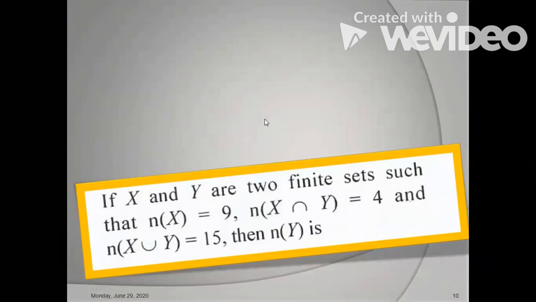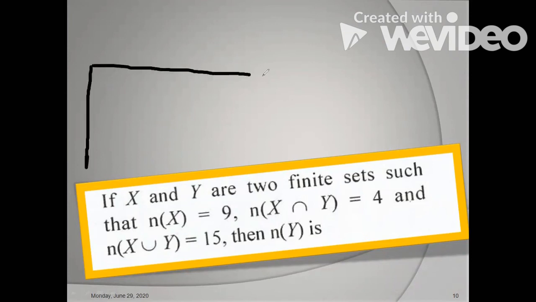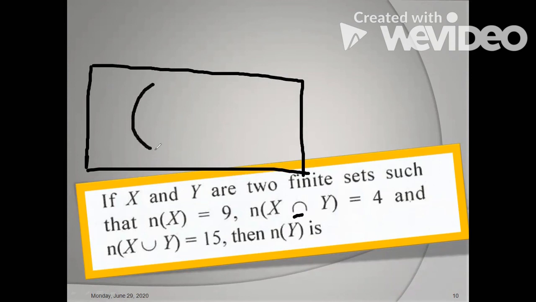Alright, so what I'm going to do, I'm going to draw a Venn diagram to represent the information given. Let's draw a little rectangle. Because they intersect, the 2 circles will meet.